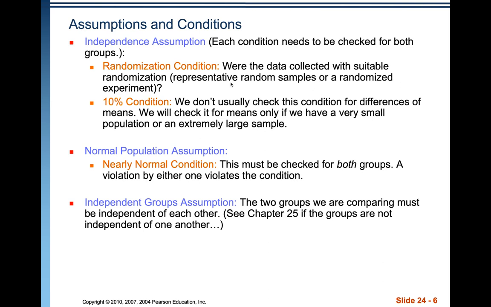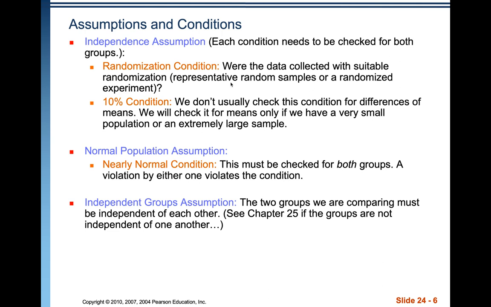If you have data and you have fewer than 35 observations, you need to enter them into your calculator and show a histogram, or a dot plot, or stem plot, or normal probability plot, something that shows that both groups aren't too far off from normal.